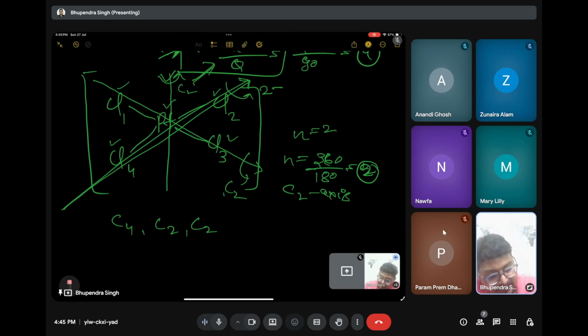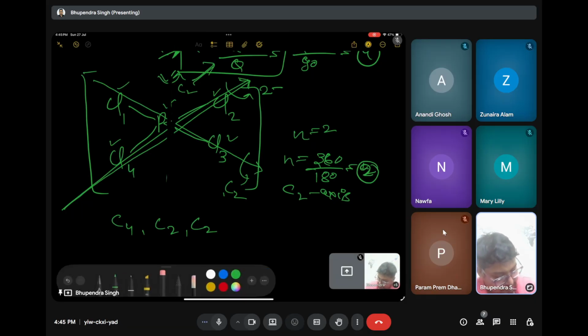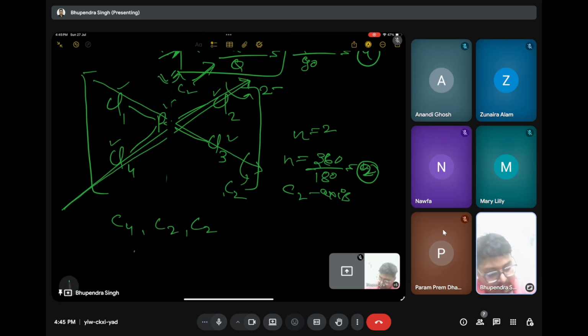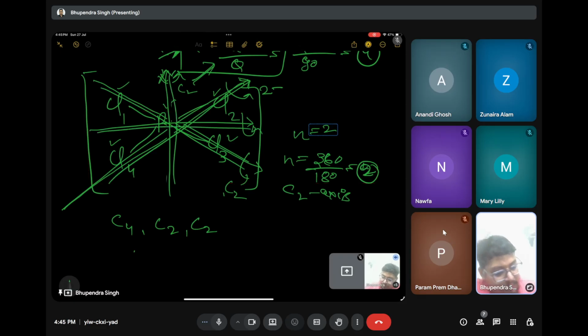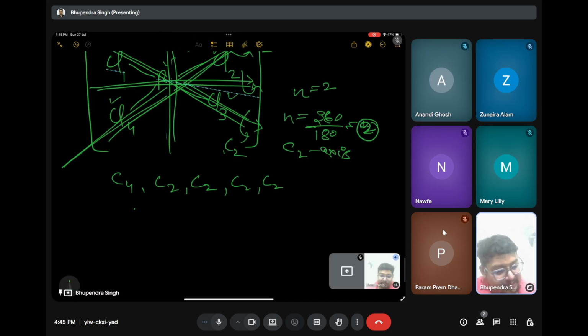So this is also a C2 axis. This is also a C2 axis. So 1, 2, 1, 2, 3, 4. I believe you understood that 4 C2 axes are present. So overall, a C4 and 4 C2 axes are present.